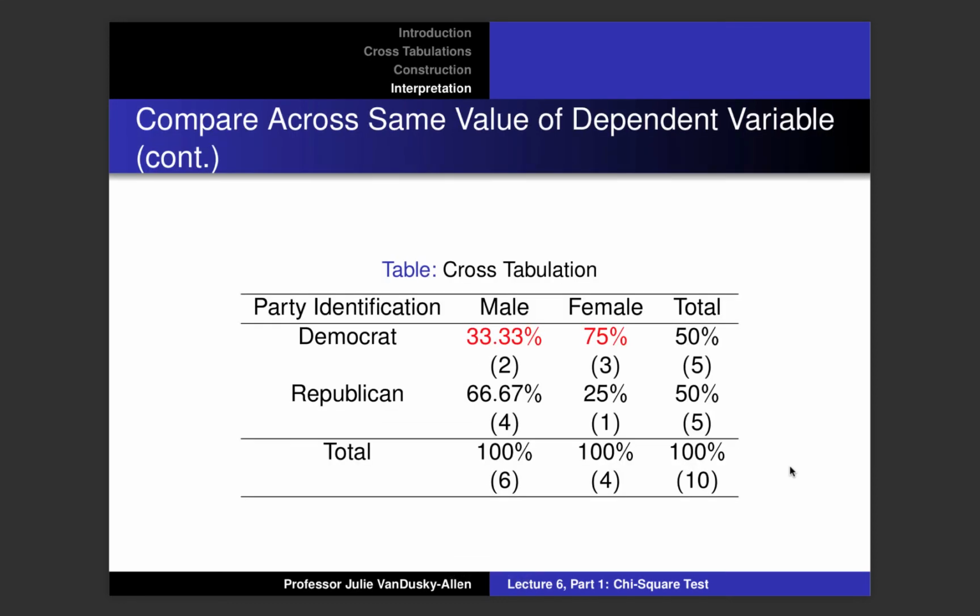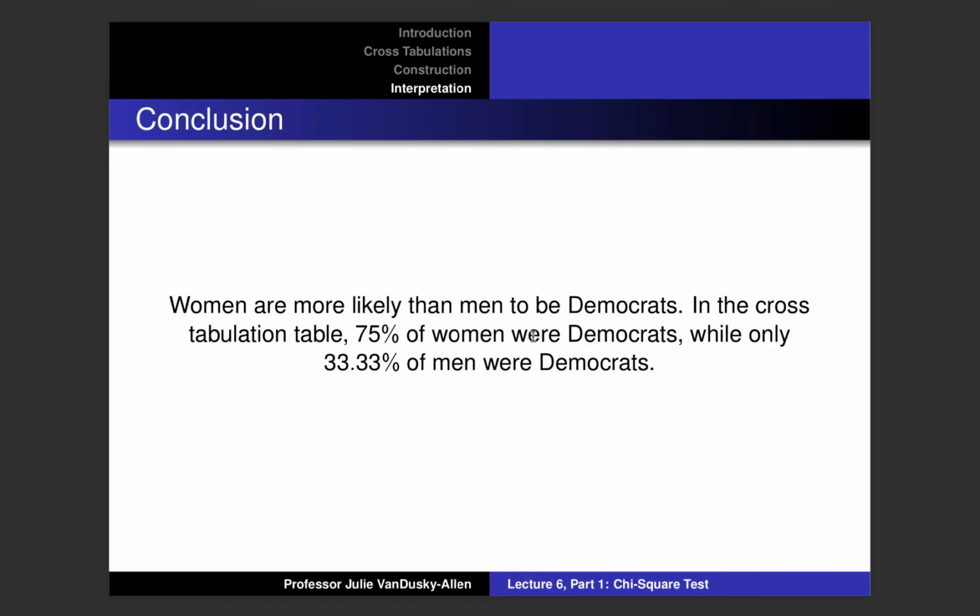In this case, I would compare males and females in the Democrat row only. 75% of women supported Democrats, whereas only 33.33% of men supported Democrats. It does seem as though women are more likely than men to support Democrats. So we can conclude that women are more likely than men to be Democrats.